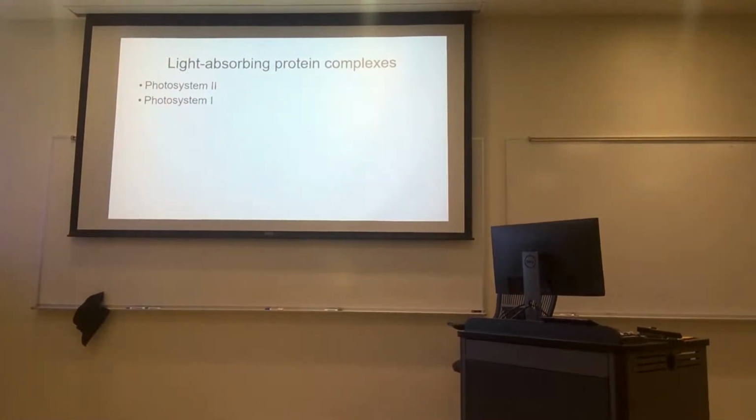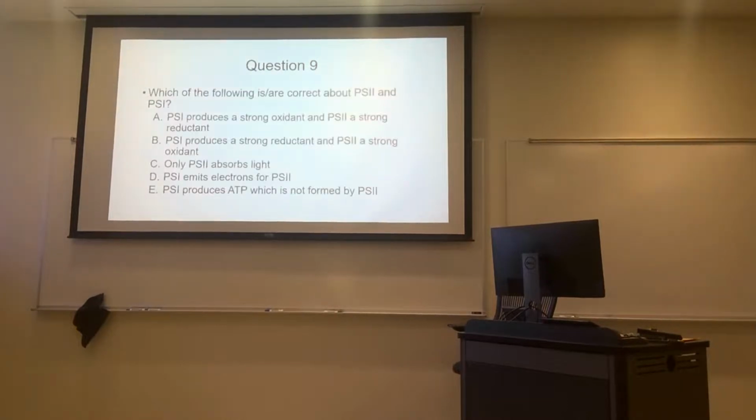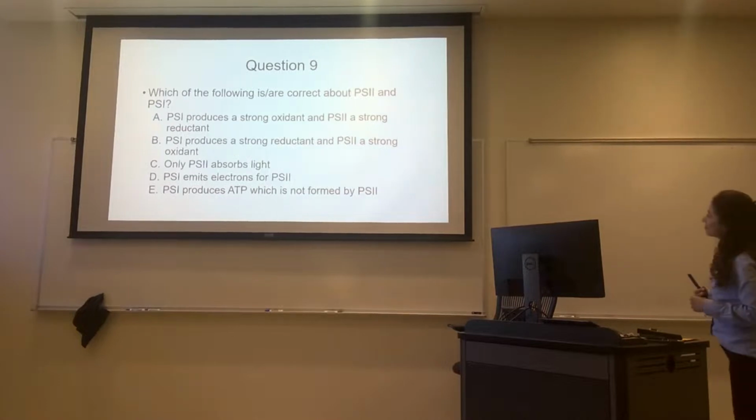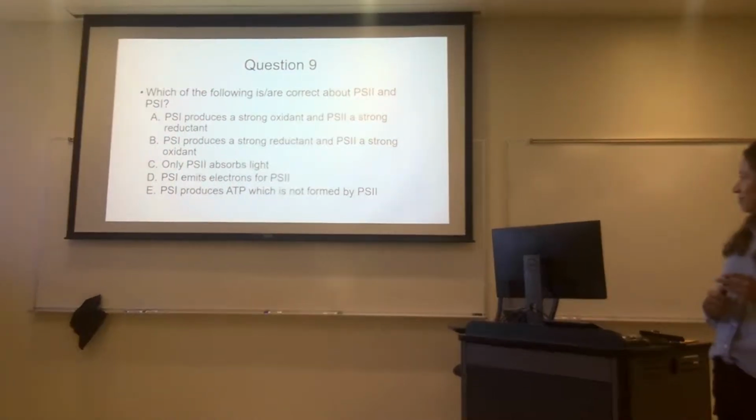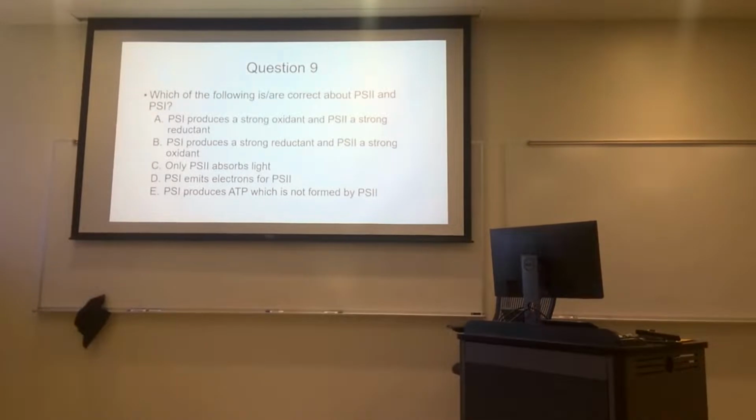So we have photosystem 2 and photosystem 1. I'm sure photosystem 2 produces the strong oxidant, and then photosystem 1 would be the strong reductant. Is that the only correct one?